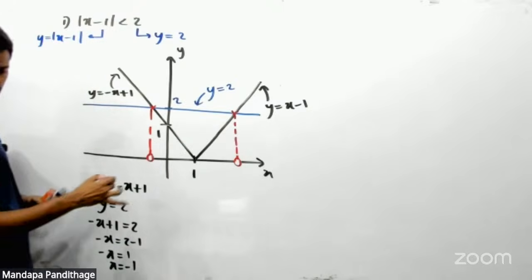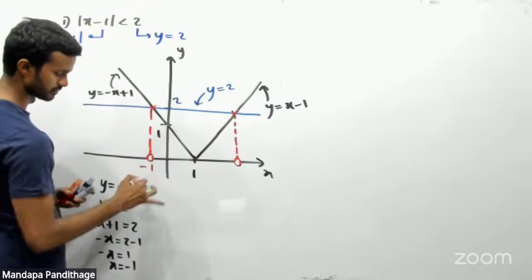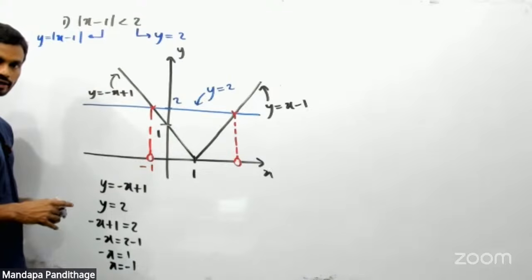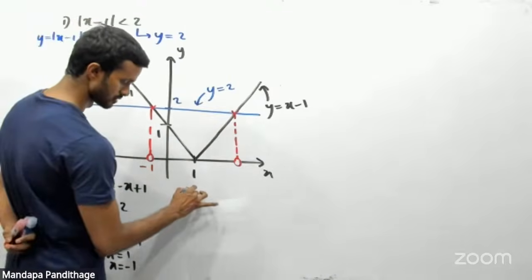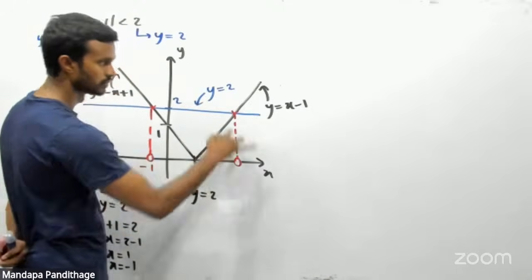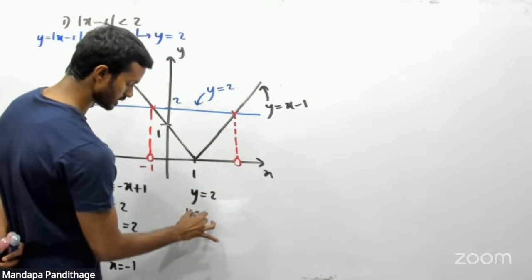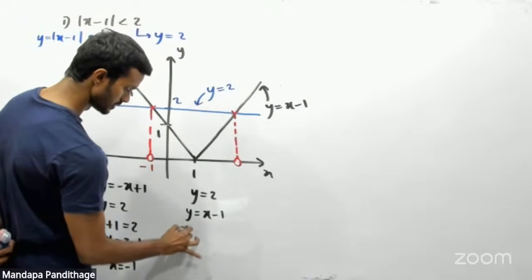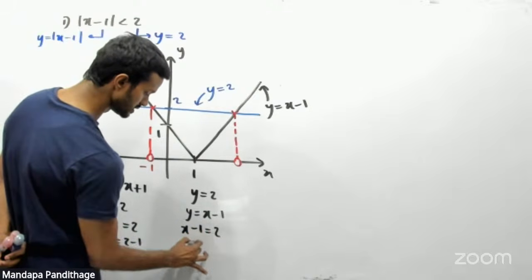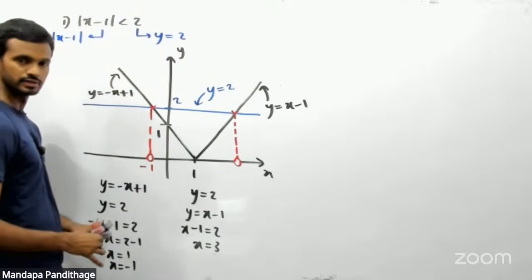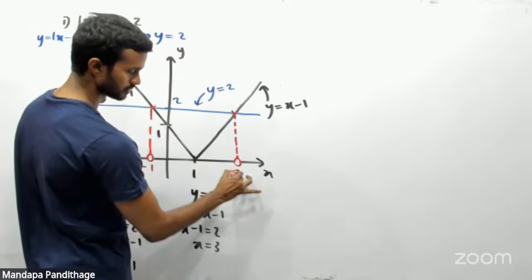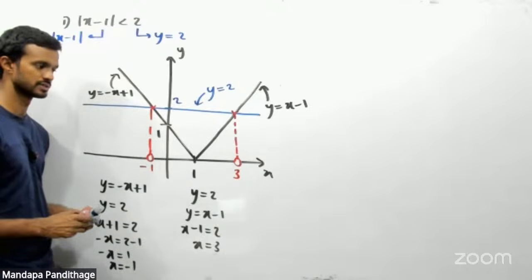Okay, sorry, this is x equals minus 1. So what is this? y equals 2, and here we have y equals x minus 1. So x minus 1 is equal to 2, which means x equals 3. So here this is x equals 3.